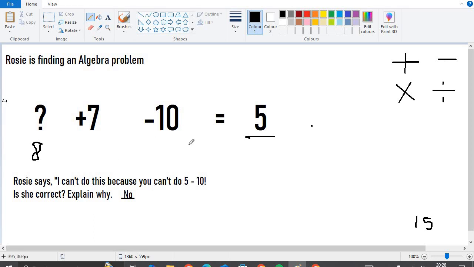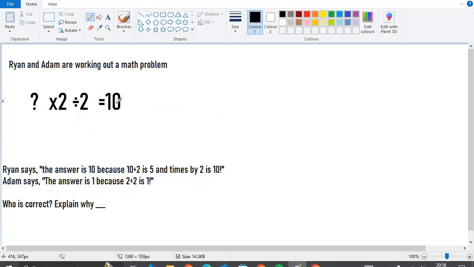Now let's do another one, but without this little help. Now, I made a new one. This one is going to be only about division and multiplication, as you can see here. Ryan and Adam are working out a math problem. Something times 2 divided by 2 equals 10.